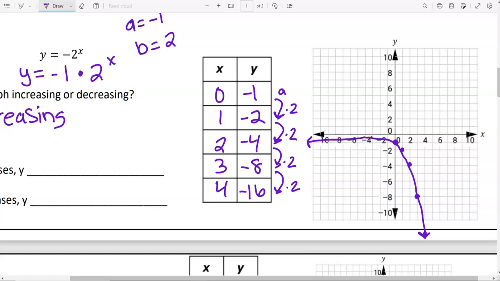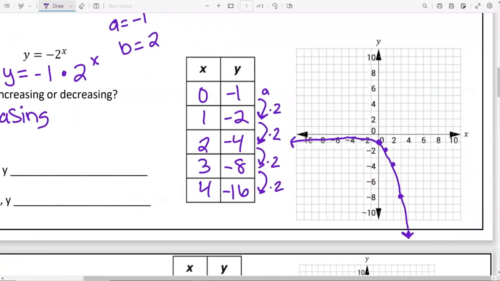All right, let's look at my end behavior. As x increases, so on the right side, where are my y's going? On the right side, what's happening? Yeah, they are decreasing. Y decreases. We're going to negative infinity now.